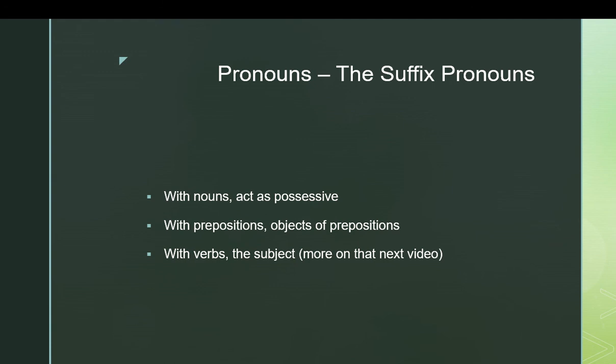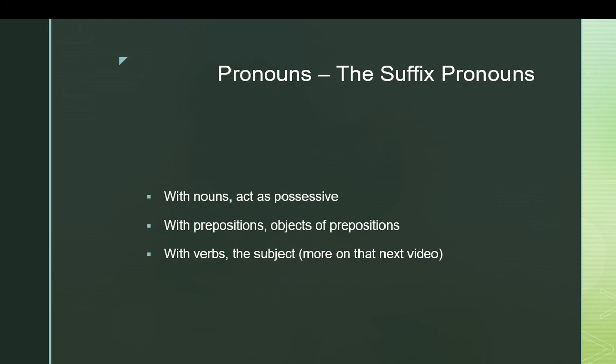The suffix pronouns act as a possessive with nouns. So you just staple one onto the end of your noun, use the first person singular with something, and it becomes my thing. They're also used as the object of prepositions.